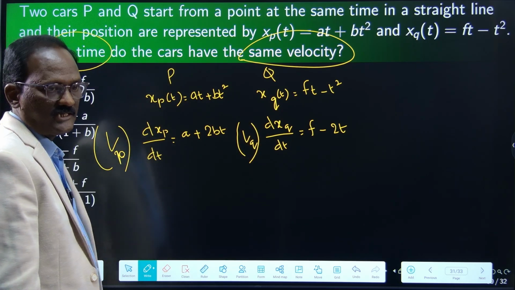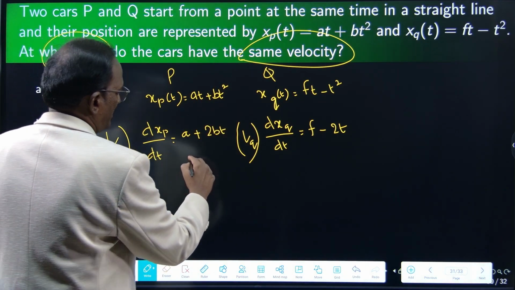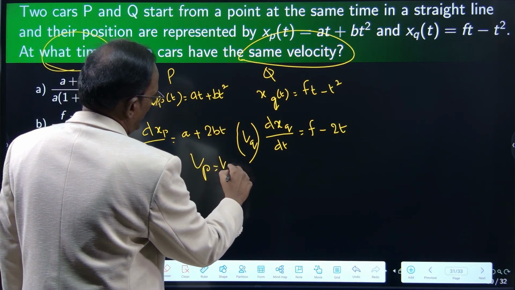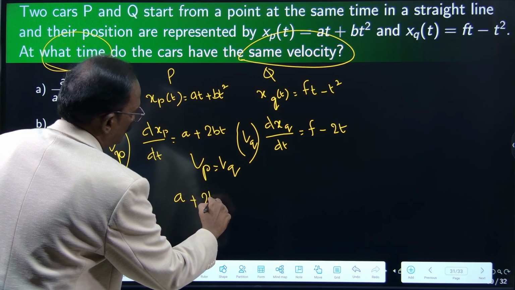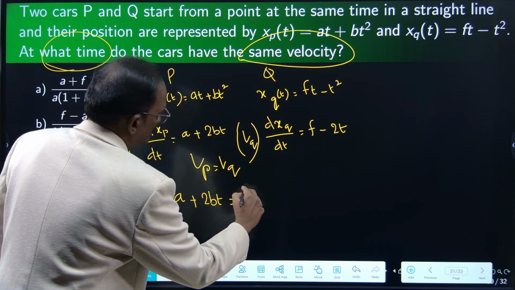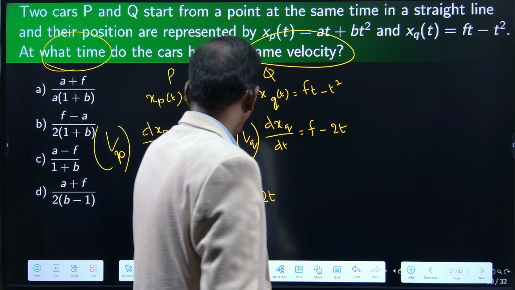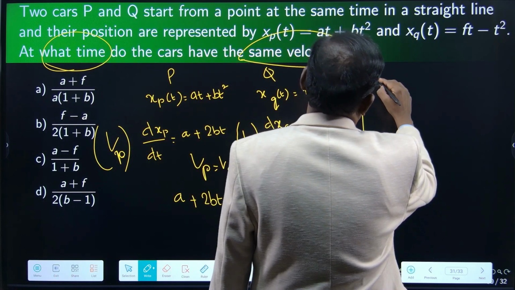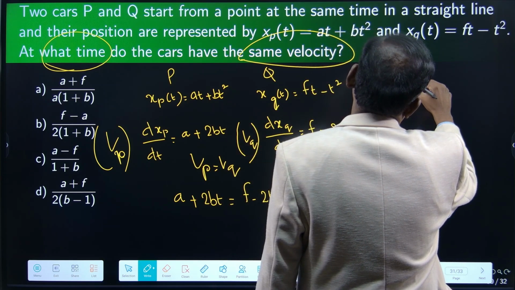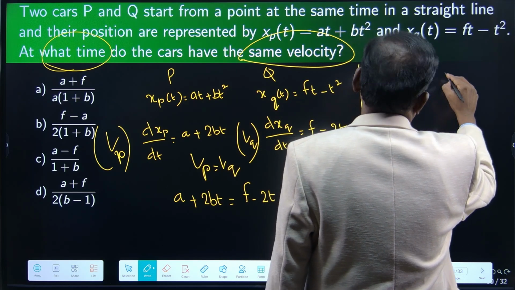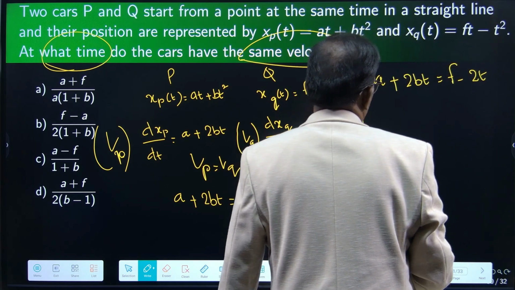So at one particular instant, both the velocities are same. So Vp is equal to Vq. That is a plus 2bt is equal to f minus 2t.